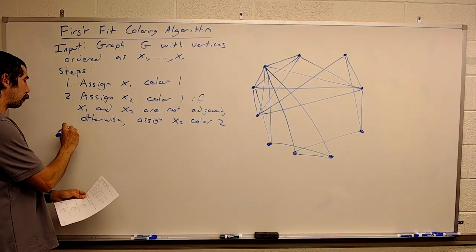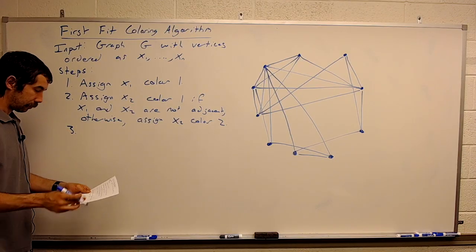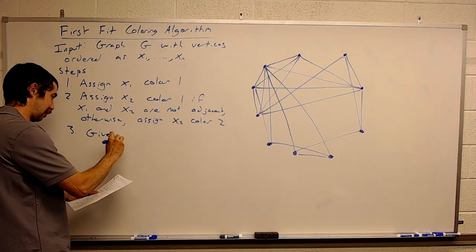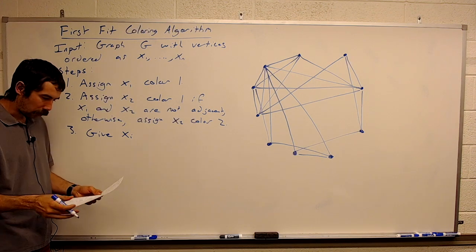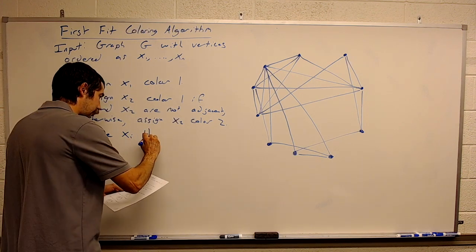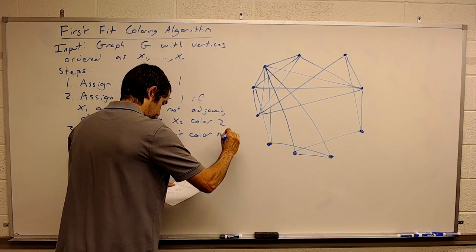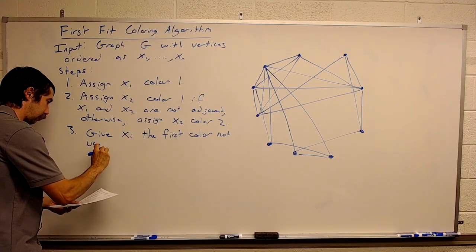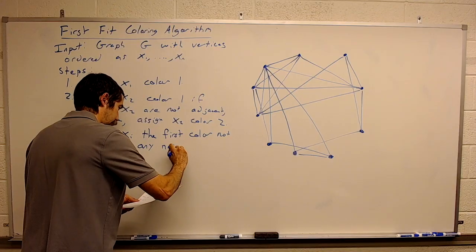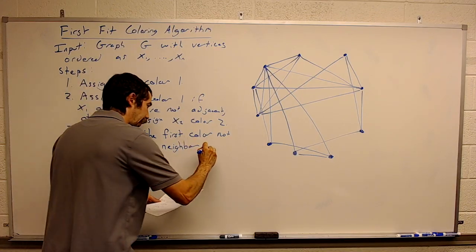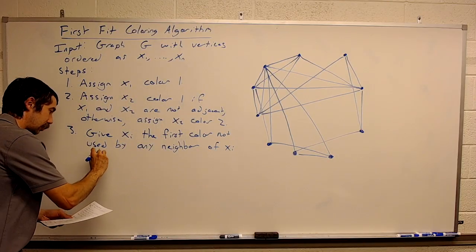And then the last step of this algorithm is we're going to give xi, so just x3, x4, x5, and so forth, the first color not used by any neighbor of xi that has already been colored.